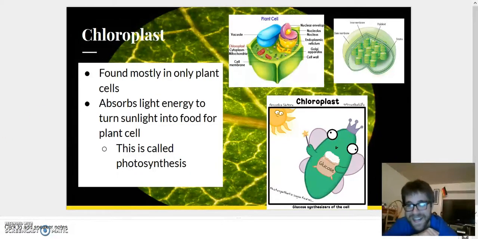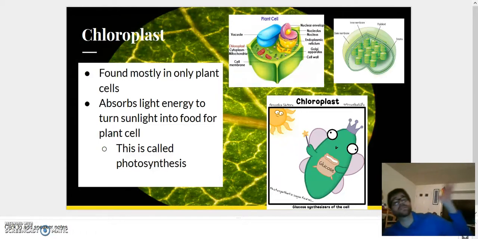Another thing plants have is the chloroplast. It's found mostly in plant cells, and they absorb light energy. The rays from the sun get absorbed by the chloroplast. They turn that sun energy into sugar, glucose specifically.